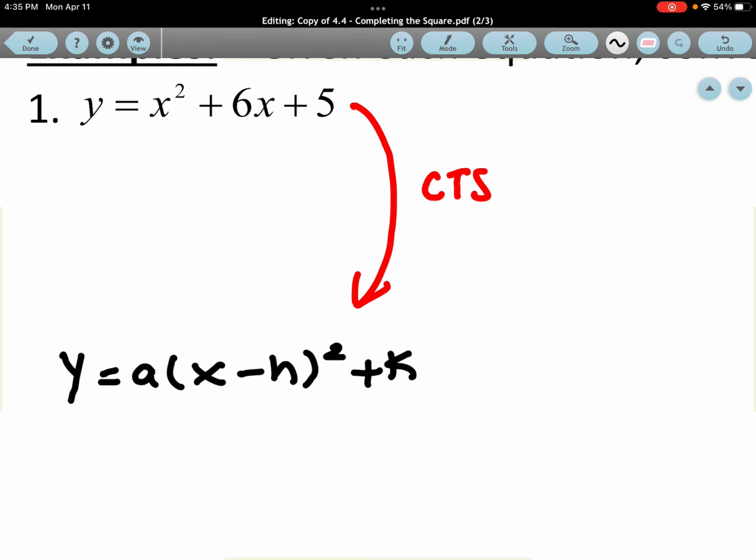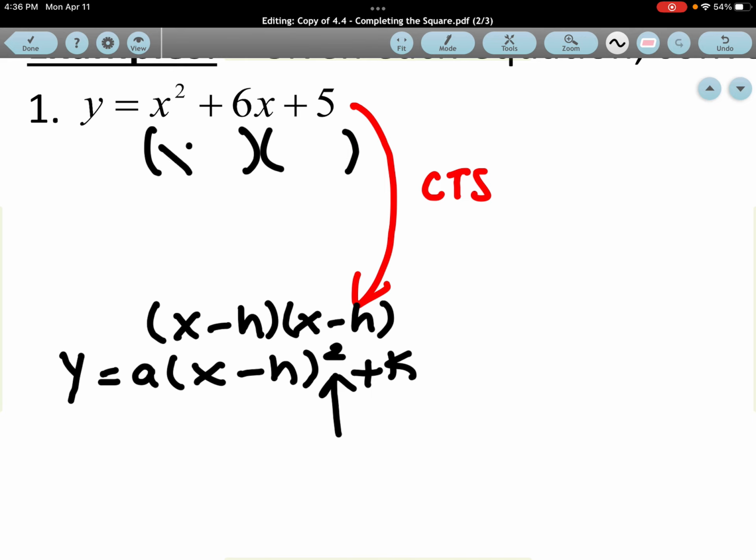But notice that in vertex form, you must have 2 identical brackets because you have to put a squared for your final answer. Now, I know a lot of you will jump right away into factoring it, and 2 numbers that multiply to 5 and add to 6 are going to be 1 and 5. That's fine, and that would be something called factored form.